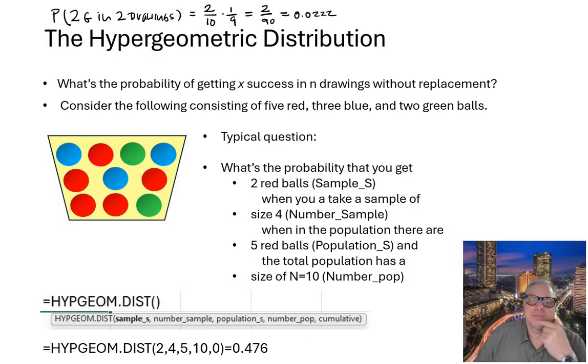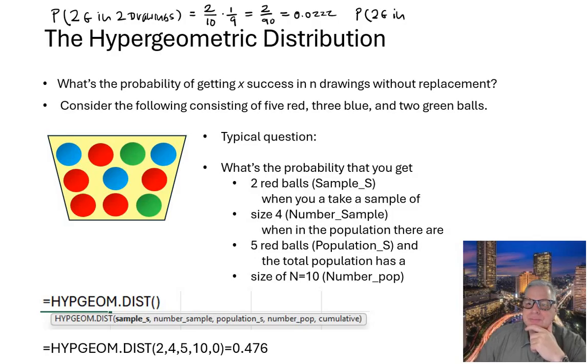But the hypergeometric distribution can also be used, for example, when we have the question, what's the probability that we get the 2 green balls in a sample of, I don't know, 4 drawings or 5 drawings.